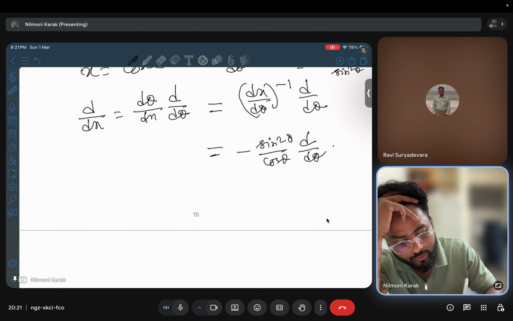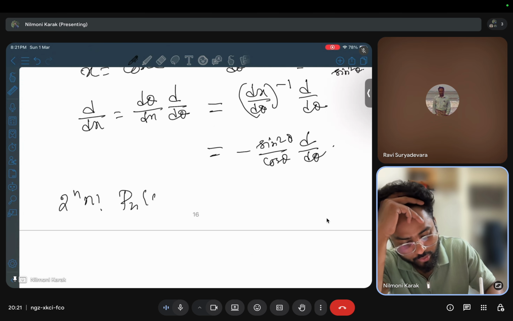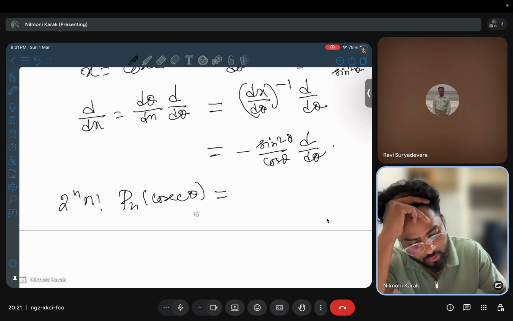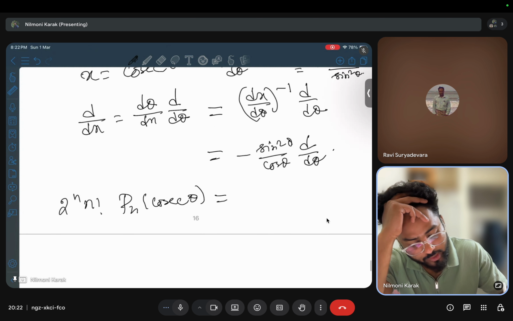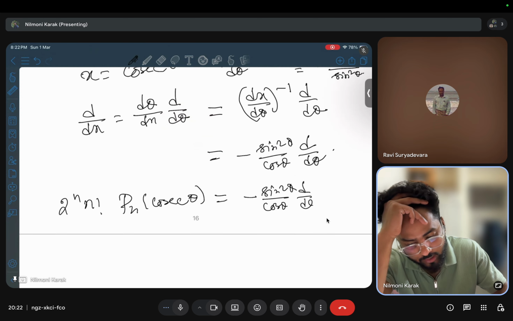So come back to Pn cosec theta, which is d^n/dx^n, so you have to write minus sine square theta by cos theta d/d theta.